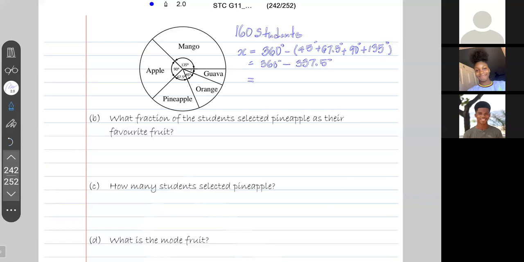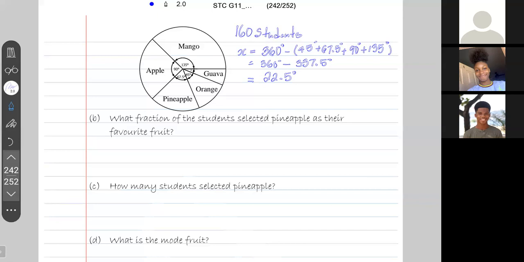And you take this away from 360. So X, which is the sector angle representing guava, is 22.5 degrees.